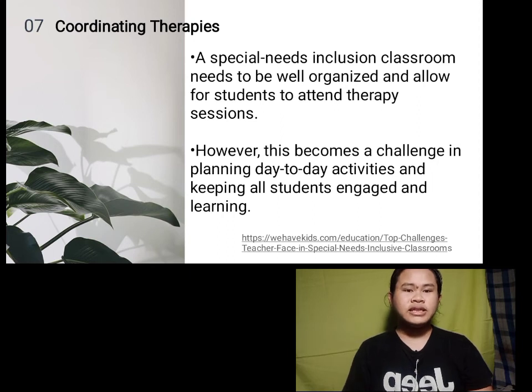So let's proceed to number seven. Number seven is the last challenge and also a situation in inclusive education: coordinating therapists. A special needs inclusion classroom needs to be organized and allow students to attend therapy sessions. The teacher must consider the student's process of growth or recovery.